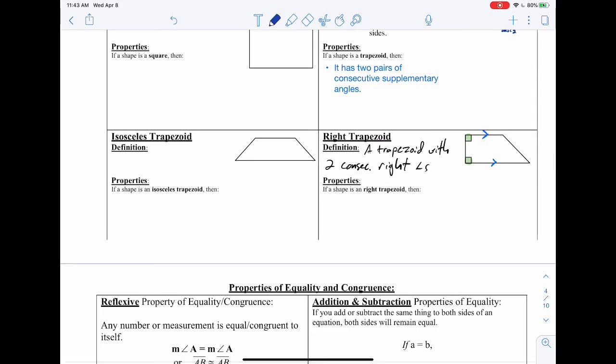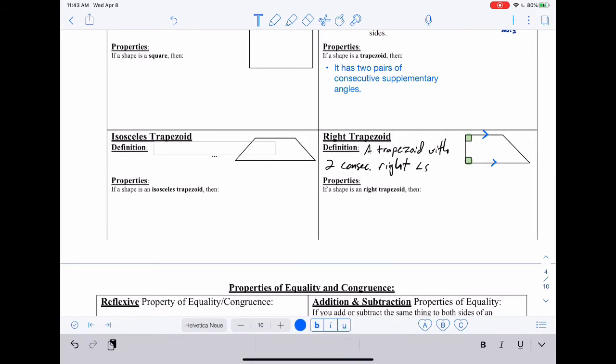So an isosceles trapezoid, let's go ahead and define that, is a trapezoid with congruent legs.